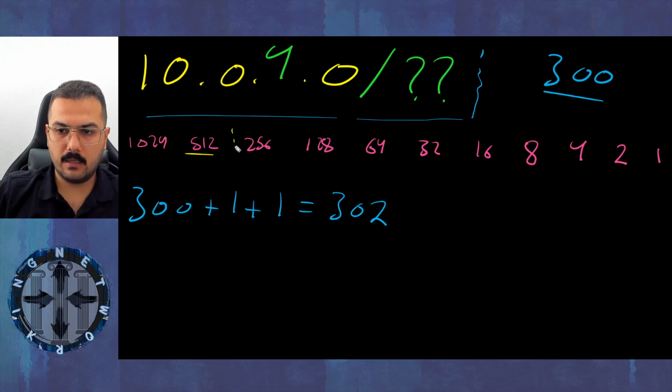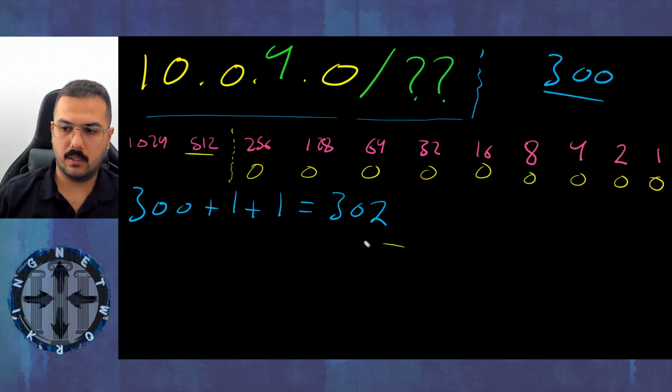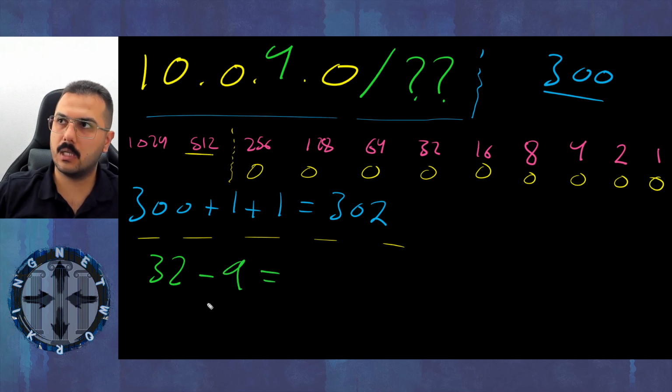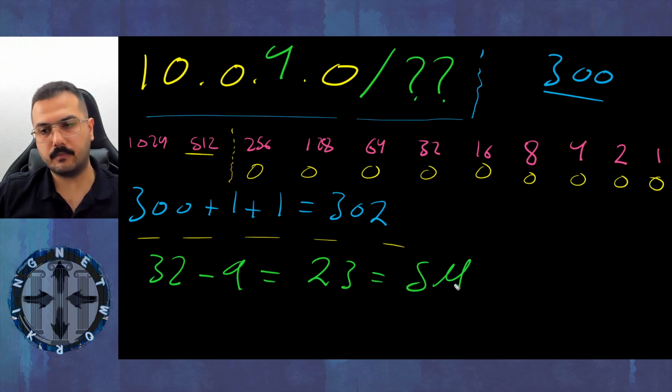Next, draw the line between what was enough and what was not enough. Next, fill those on the right side with zeros. 1, 2, 3, 4, 5, 6, 7, 8, 9. Then 32 bits minus 9 zeros results in 23, which is the subnet mask.